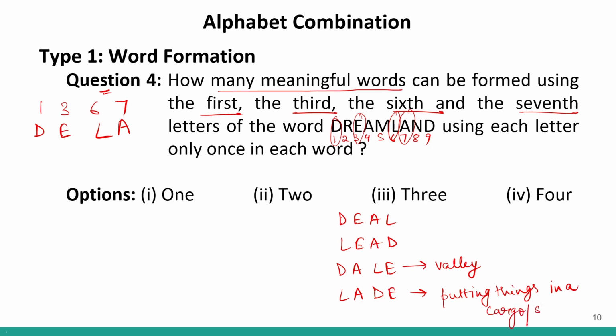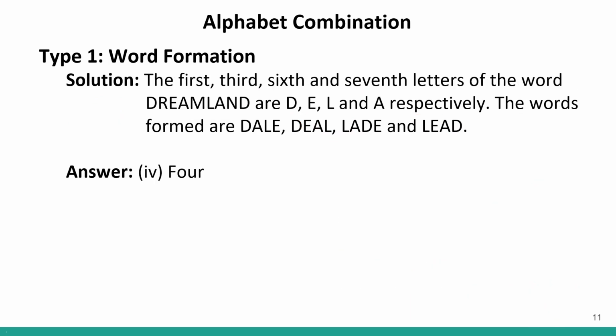So in total, I can see that we can form 4 words using these letters. So answer will be option number 4, 4. Dale, deal, laid, lead. 4 words formed using these letters.